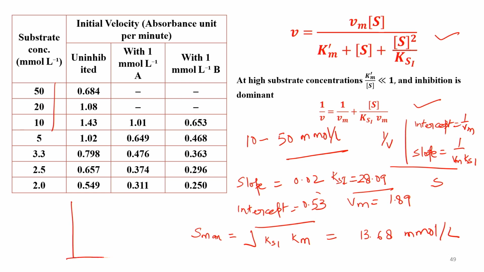So, if I just see here, substrate and rate will increase like this, reach a plateau, and this value is coming out to be 13.68.